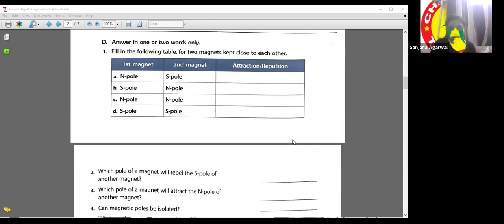Third, fourth, second, south pole. Okay. Third, that's quite simple.